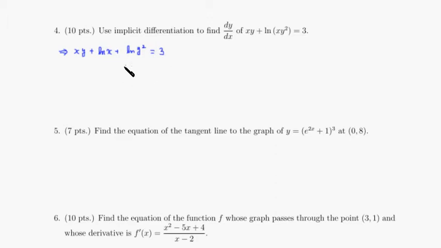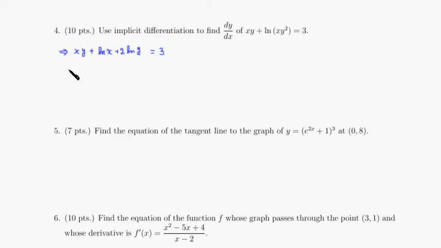We can go a little further because if you have a power here, we are allowed to put that in front of the log. So I'm going to erase this and put it in front.